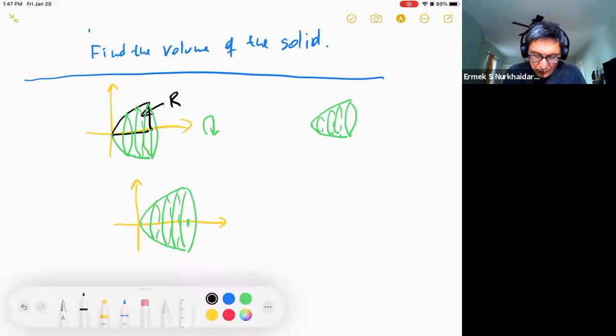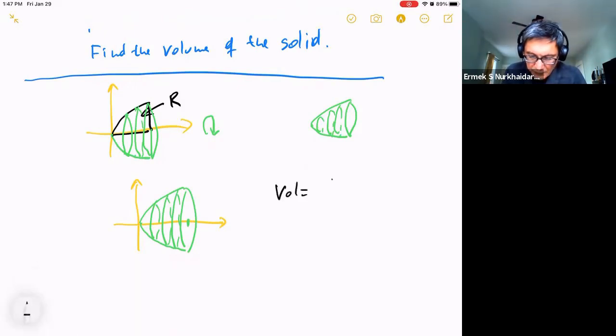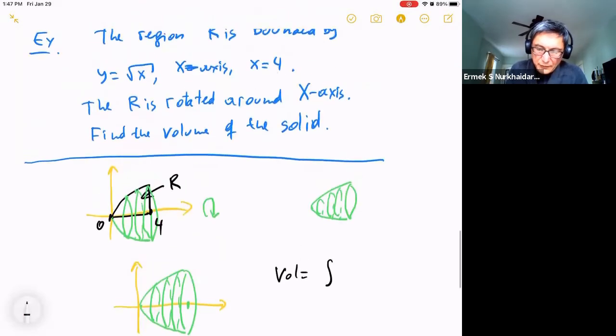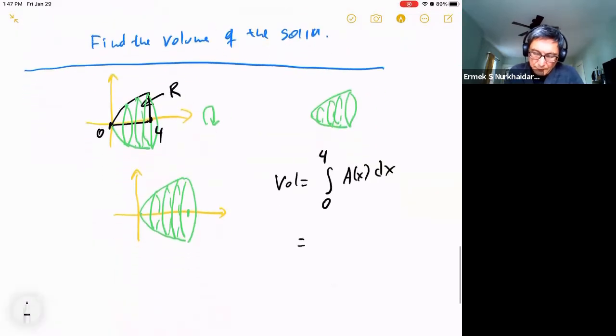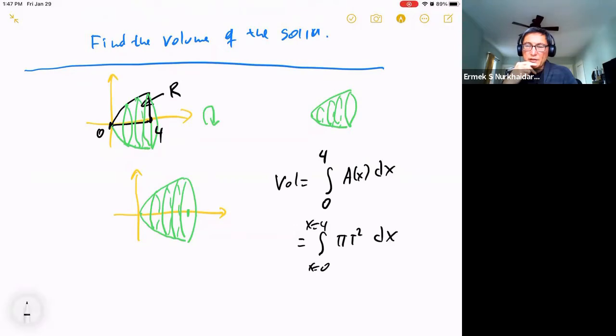Okay, so I try to write down our volume. Volume equals the integral. I start integration at 0 and finish at 4, right? x equals 4. 0 to 4. And I will have the area of the cross section, dx. I know the cross section is going to be circular. So pi r squared dx. So all that is left is to figure out what r is.